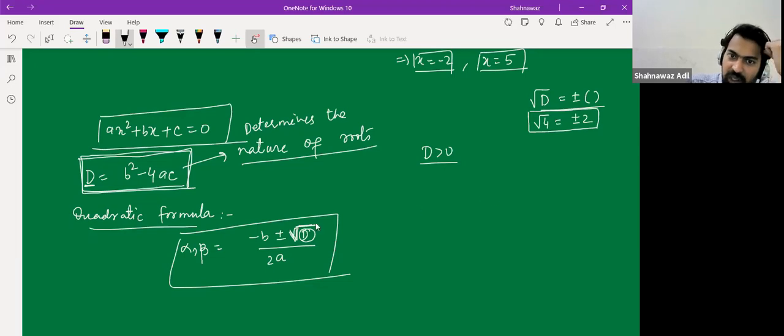Yes, sir. Then the solutions would be minus b plus 2 by 2a and minus b minus 2 by 2a. So you will have two solutions. And b is real, a is real, so these will be real numbers, but they are not equal.